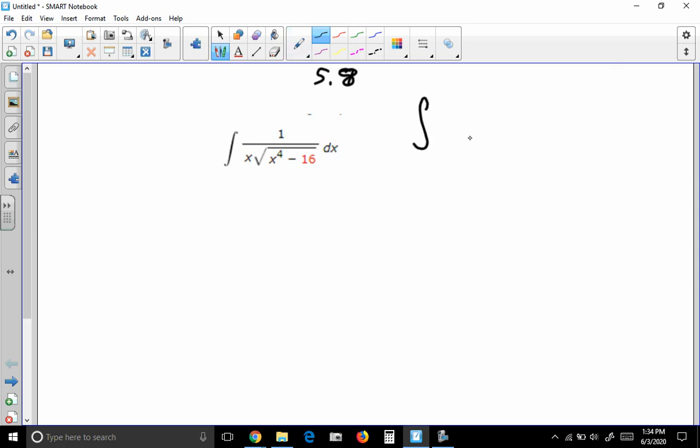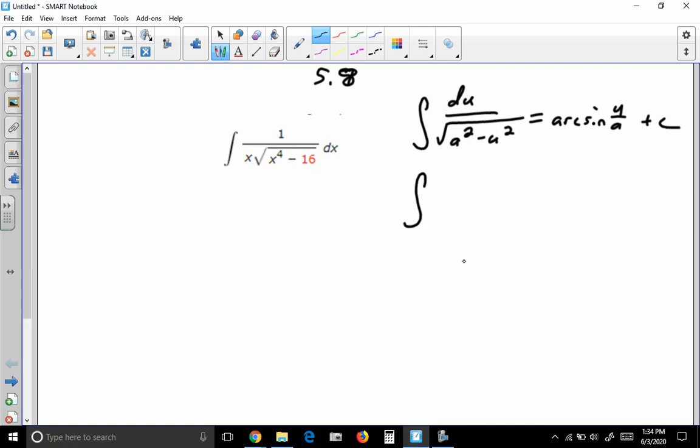So our formulas are that the integral of du over, instead of calling it just 1 minus u squared, we're going to say the square root of a squared minus u squared, because we could have a number other than 1 there. That's going to turn out to be arcsine, or inverse sine, of u over a plus c.